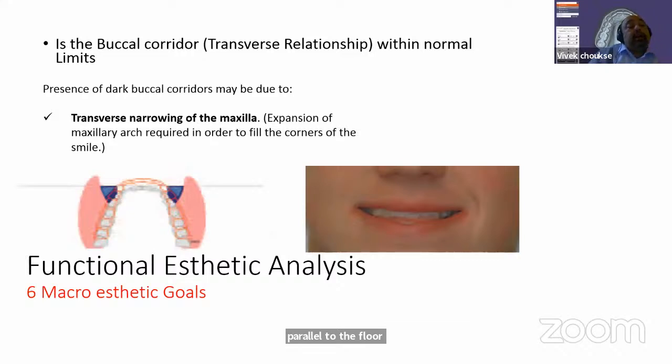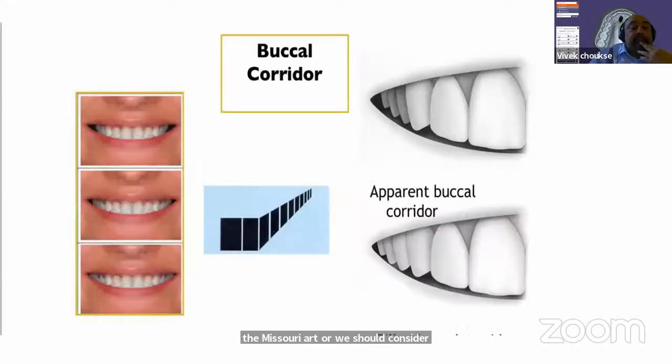The next macro aesthetic goal is whether the buccal corridor is within the normal limits. When there is a narrowing of the maxilla, the buccal corridor seems very large. In such cases, we must consider expansion of the maxillary arch, or consider how to fill the corners of the smile.